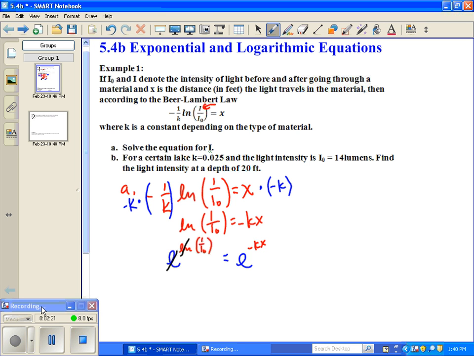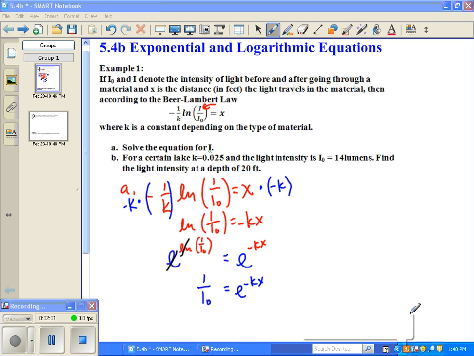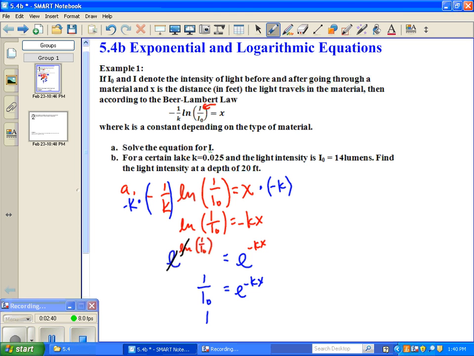So on the left side, we have I over I sub 0 equals e to the negative kx. There's one more step, which is to multiply both sides by I sub 0, because we want to solve for I. So we get I equals I sub 0 e to the negative kx. Okay, so that's part A.